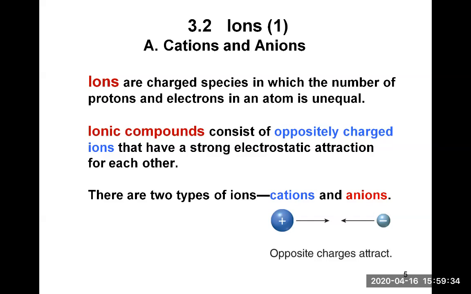Oppositely charged means that an ionic compound is made of positive ions bonded to negative ions. The reason they are attracted to each other is because opposite charges attract, right? Positive charges are attracted by negative charges. So the cations will be attracted by the anions due to a strong electrostatic attraction, and that's how ionic compounds form.